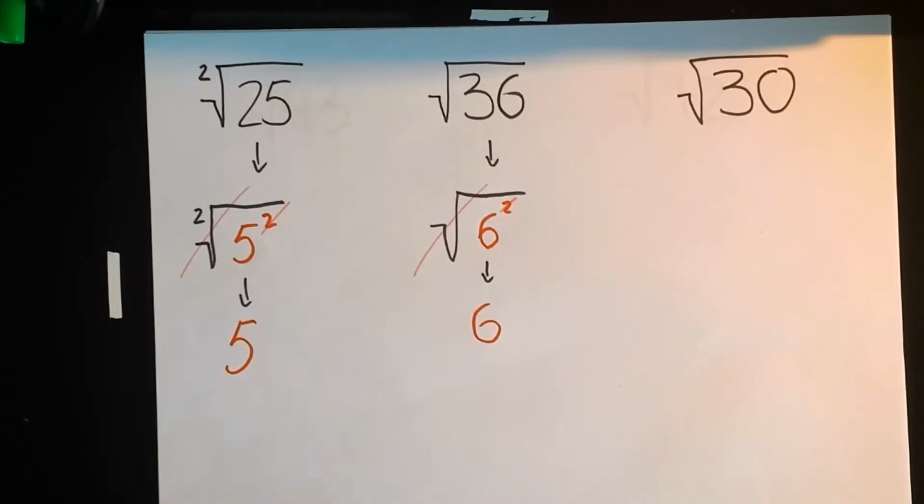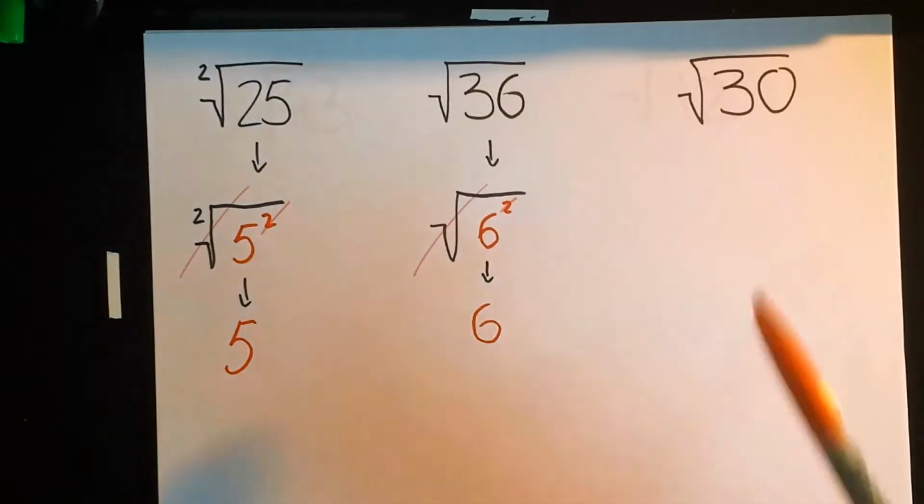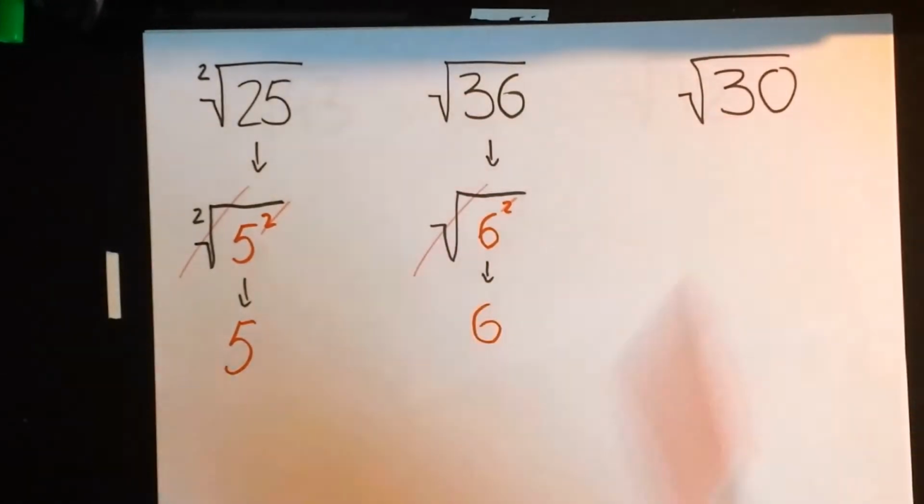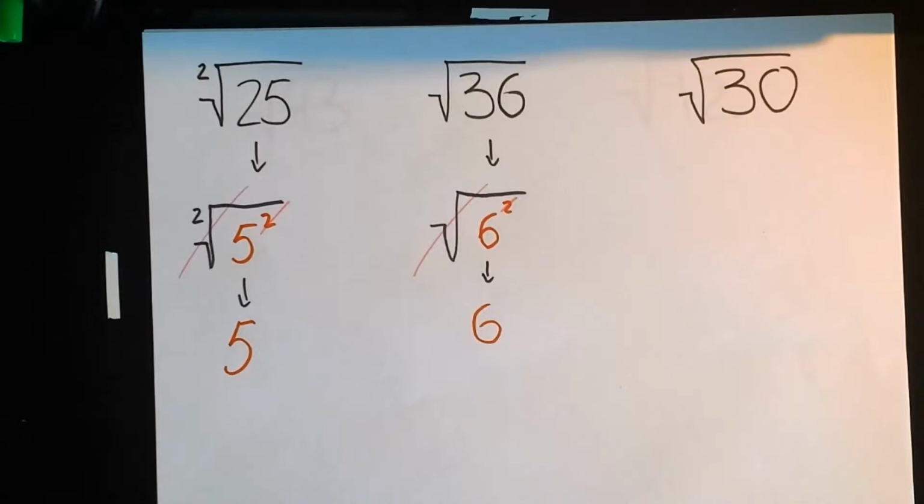All right, then let's take a look at the last one. Here you're also asked to find the root answer. But unlike the first two, 30 is not a perfect square. There are no two identical integers that when multiplied together will give you 30.